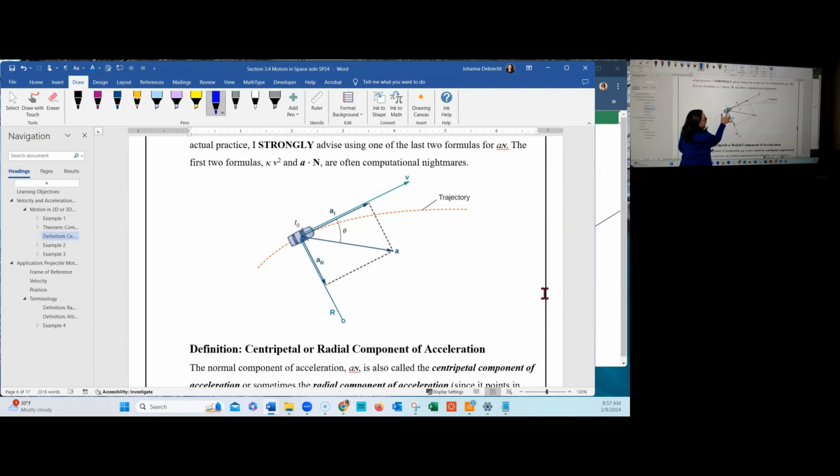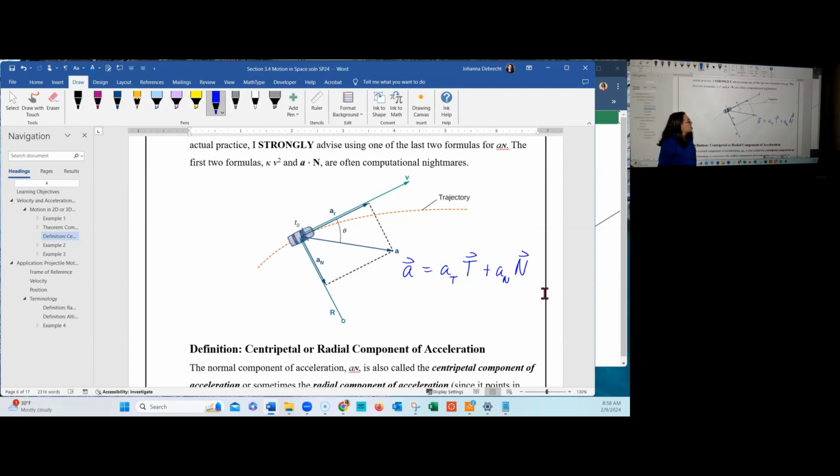If you were to take either a sub n or a sub t and move it to the end of the opposite, you could use the parallelogram method, or the triangle method, to prove that a sub t times the unit tangent vector plus a sub n times the unit normal vector equals a, the acceleration vector.